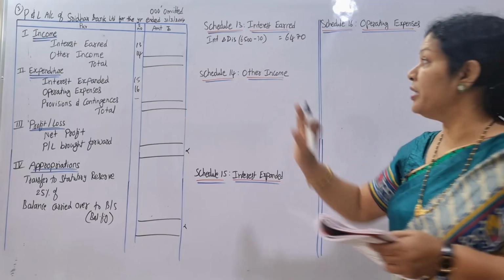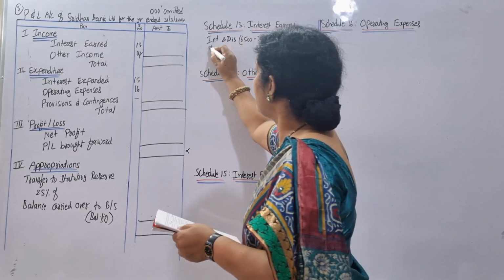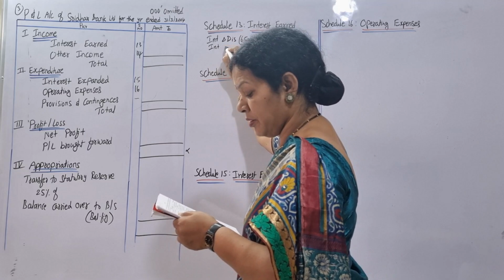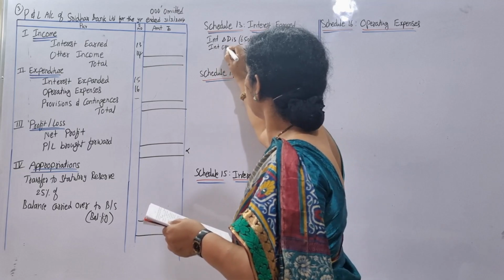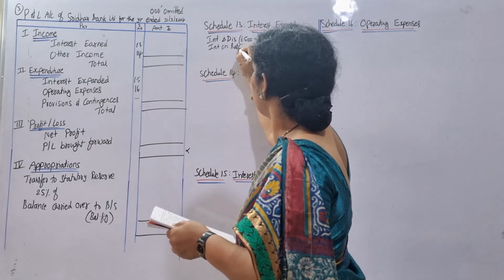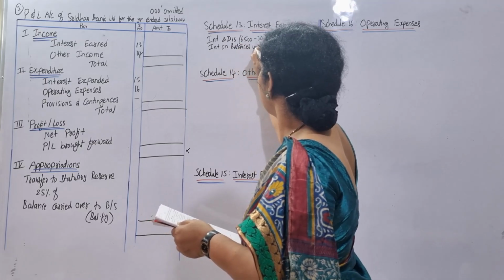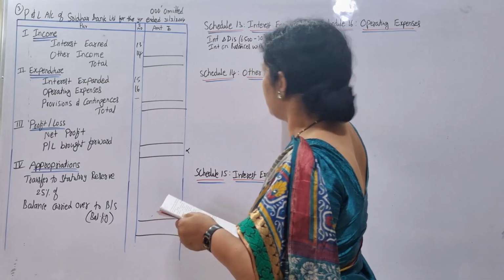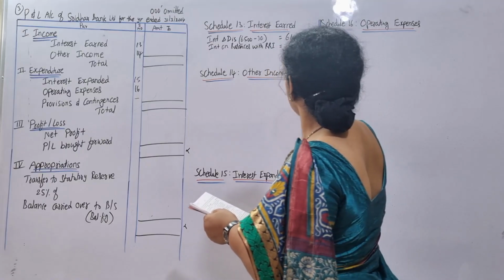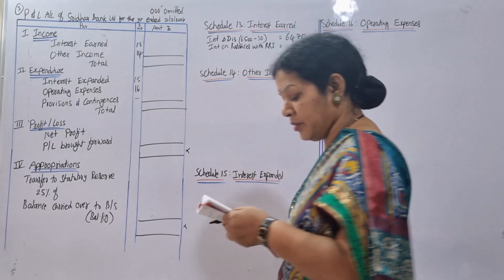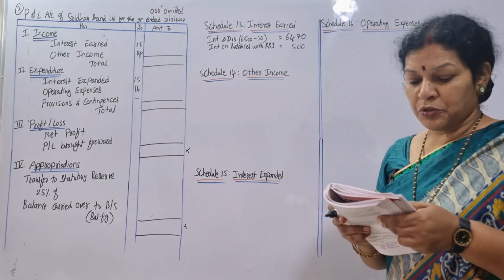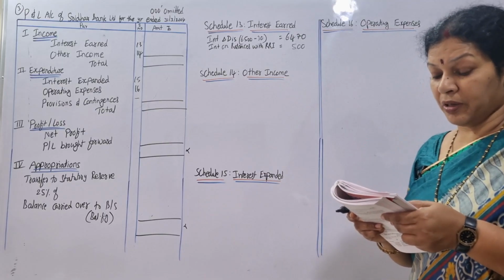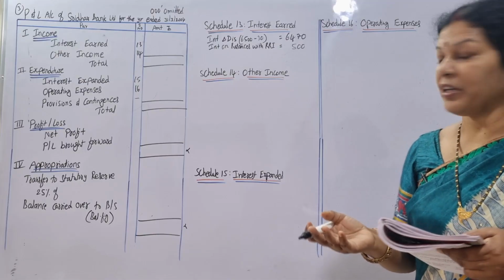Okay. Next, interest on balances with RBI. This is also interest earned. Interest on balances with RBI. How much is it? 500. Next, payments to and provisions for employees. This is operating expenses.